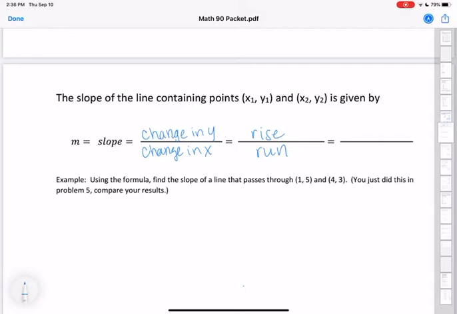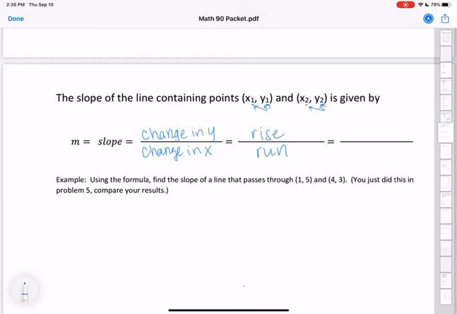Don't let these little teeny tiny 1s and 2s intimidate you. They aren't like exponents or anything. It's just like you would say sub. So it's like x sub 1, y sub 1, x sub 2, y sub 2. The reason why they do this is just because when we're plotting the points, it's x's and y's. So this 1 just means that's my first pair, and the 2 just means that's my second pair. Okay, so that's all it is. It's just referring to 2 ordered pairs. It wouldn't make sense just to write x, y, and then x, y again.